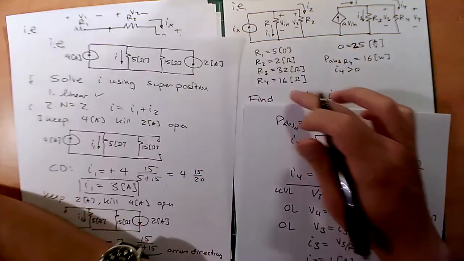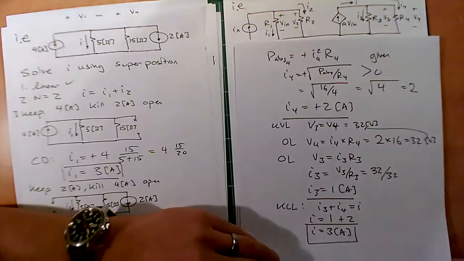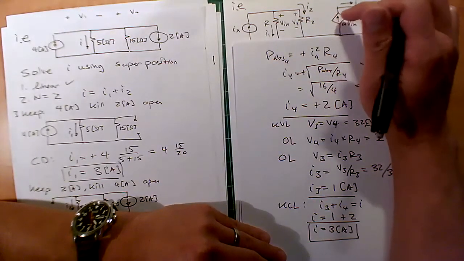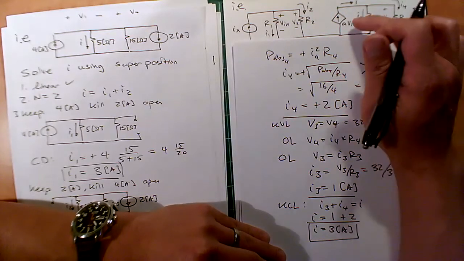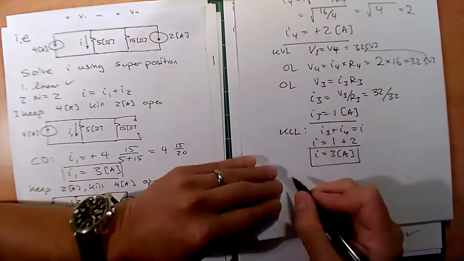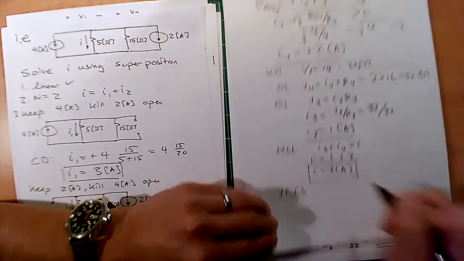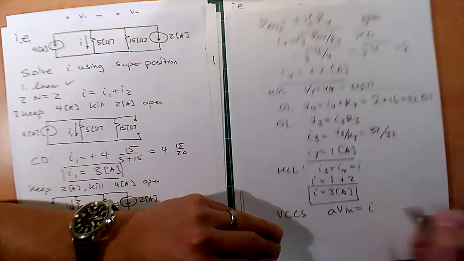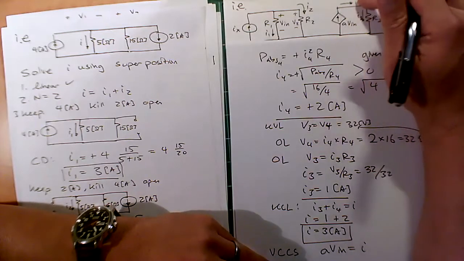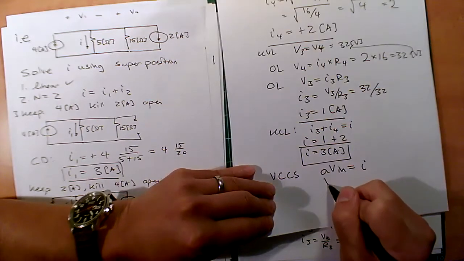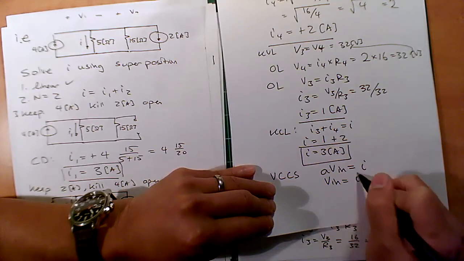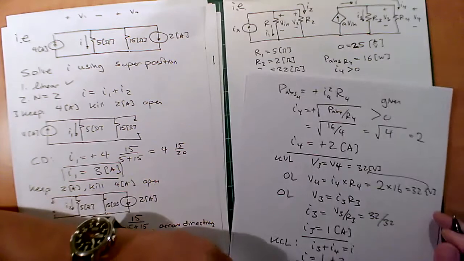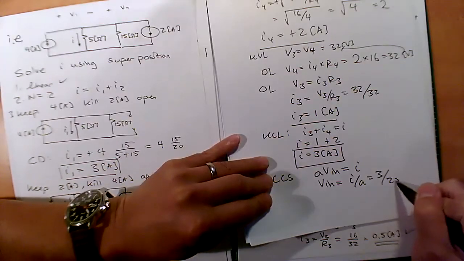We can write down the equation corresponding to this dependent source. This is a voltage controlled current source, so A VIN is equal to I. So VIN is equal to I over A, or 3 divided by A, which is 25.